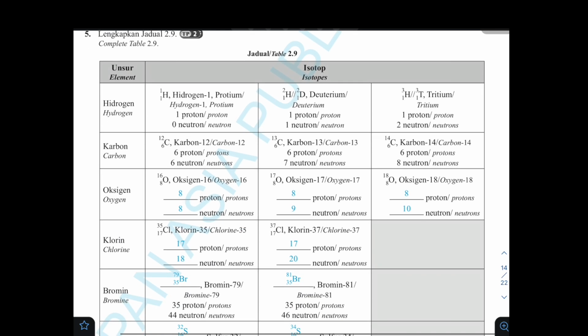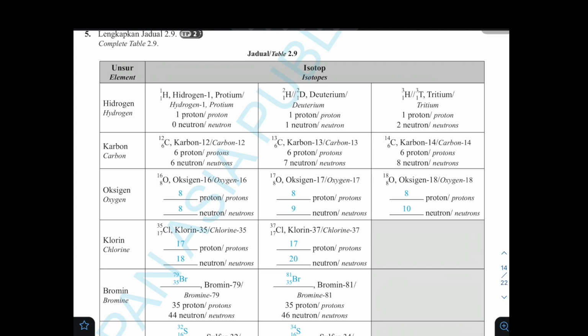I give you example, hydrogen 1. Ingat lagi, kalau saya tulis macam ni, hydrogen 1, maksudnya 1 kat sini merujuk kepada nucleon number. So, hydrogen ini mempunyai nucleon number 1. Right? So, hydrogen 1 ataupun nama lain bagi hydrogen 1 adalah protium.